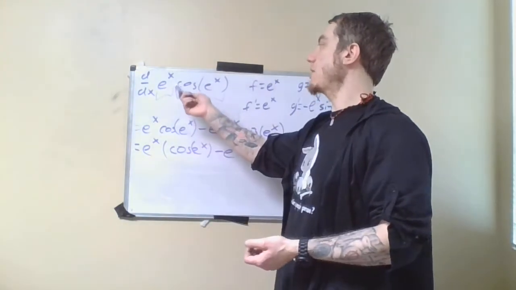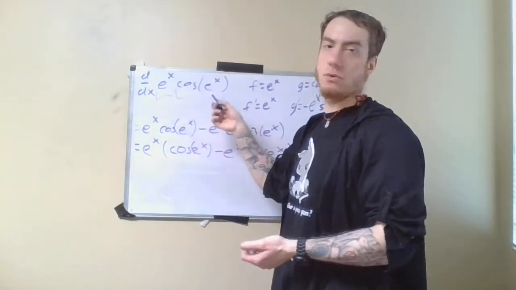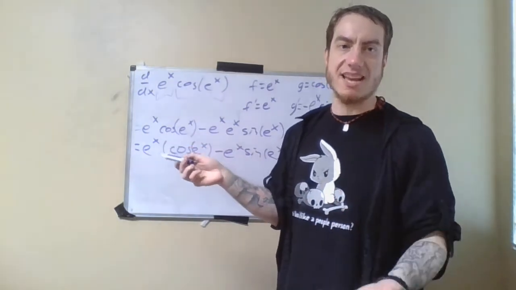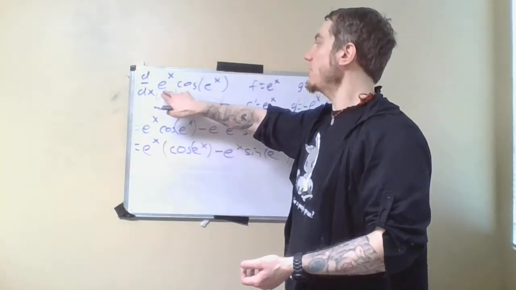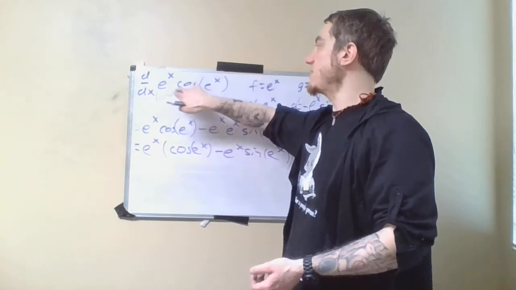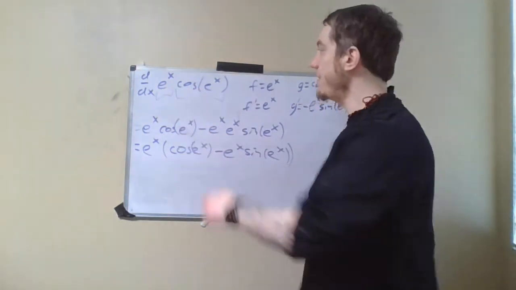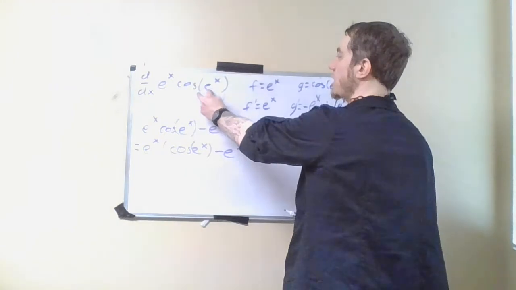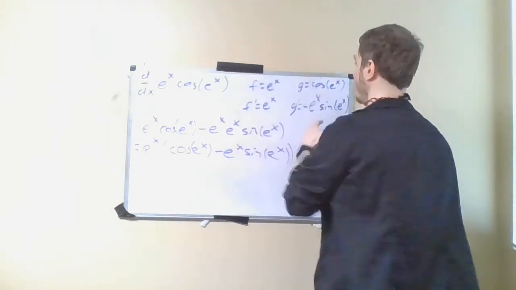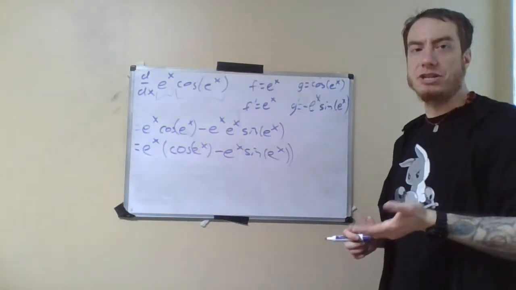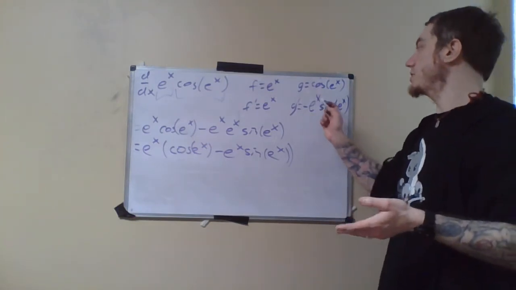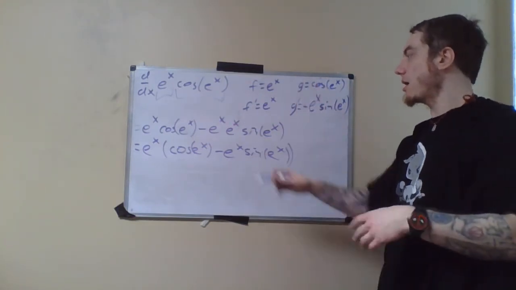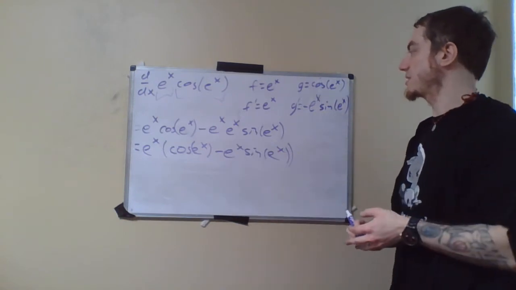Then we ended up with this expression, e to the x cosine e to the x, and we wanted to take the second derivative, so we're differentiating this. Well, really, the obvious thing to do is to break this into a product, and then within this product, we had to use the chain rule again, but that's no trouble, we just do it. And then we just plug those results back into the product rule and simplify the resulting expression a bit.